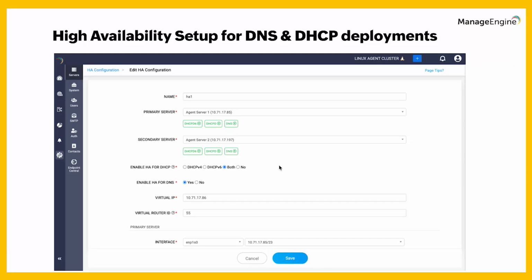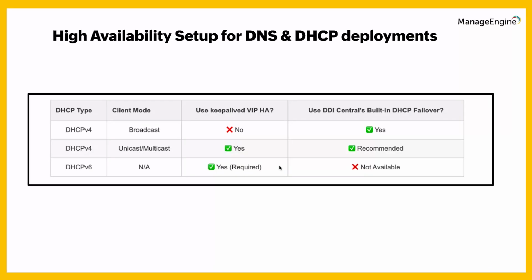So we would recommend the high availability setup when you are using DHCP v4 in unicast or multicast mode. In DHCP v4 broadcast mode, we would advise you to use DDI Central's built-in failover configuration rather than the HA setup, because when you set up HA in a broadcast mode, both the DHCP servers will come into the fore and start servicing the DHCP requests from the clients, and this would crumble the network, as both the servers will be servicing the network, and it will give rise to several IP address conflicts.